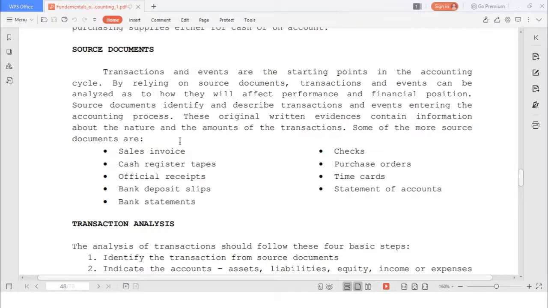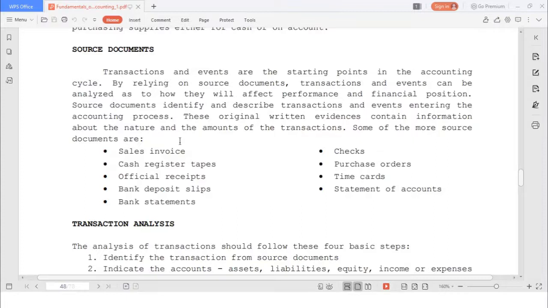Source documents are considered original written evidences containing information about the nature and the amounts of the transaction. Here are the common source documents that you may or may not recognize. We have the sales invoice, cash register tapes, official receipts, bank deposit slips, bank statements, checks, purchase orders, time cards, and statement of account.